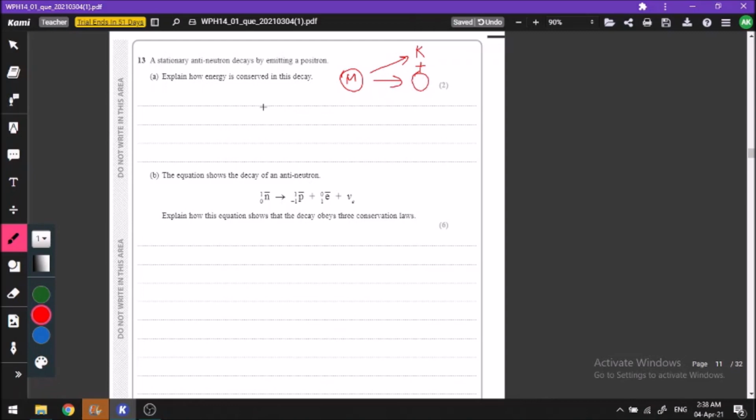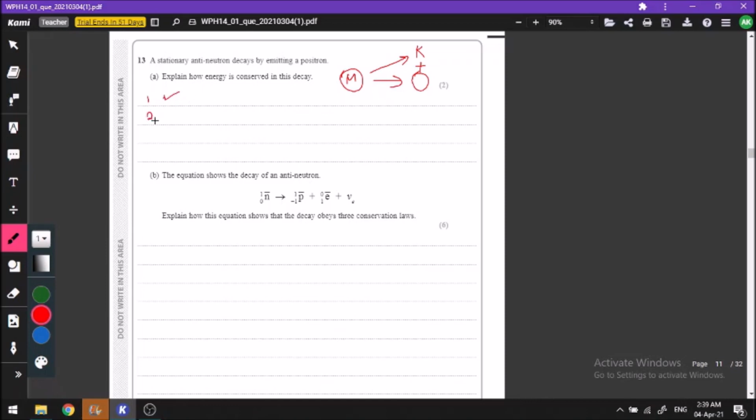Okay, so how do you write the answer? I'm not writing the answer because it is a very straightforward answer and does not waste much time by writing the answers. I'm just telling you, the first point that you should write is that although the mass of the antineutron is more than the mass of the positron, the positron has kinetic energy after the decay. So the missing mass is converted into the kinetic energy. That is point number one.